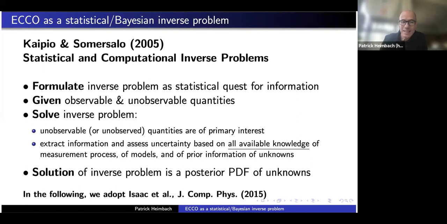And we seek to extract information and assess uncertainty based on all available knowledge of the measurement process, of the models, and of prior information of unknowns. That really reflects what I've shown for data assimilation in the previous slide. And the solution of the inverse problem in a statistical sense is of course one of a posterior probability density function of the unknowns.